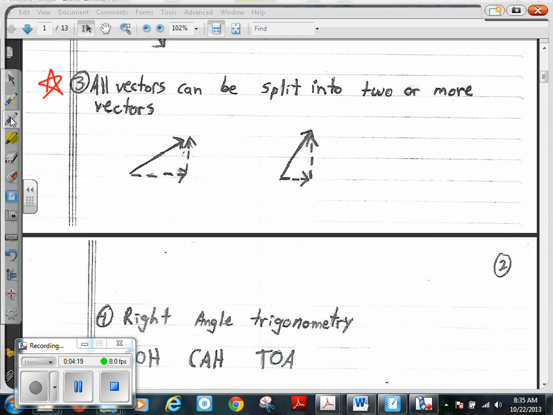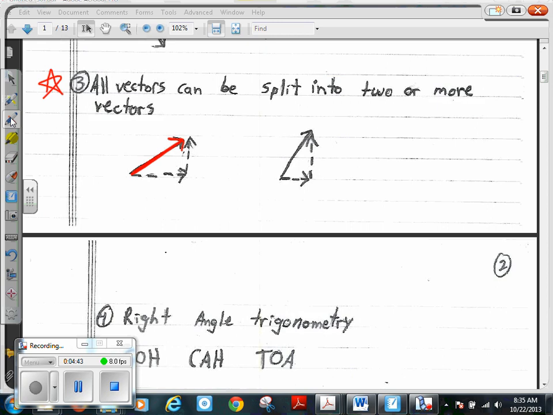So, for instance, this is the vector that we're going to talk about. If we were going to do some math with this vector, what we would want to do most of the time, unless there's no change in one of the components of the vector, is split this up into a right triangle.